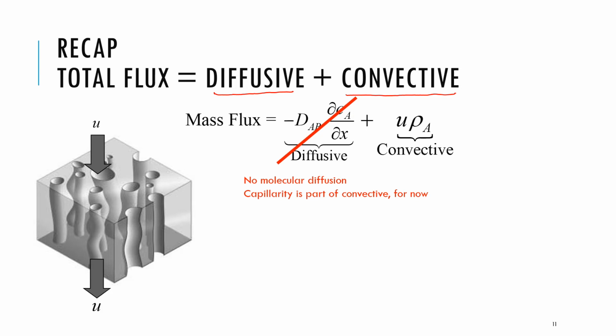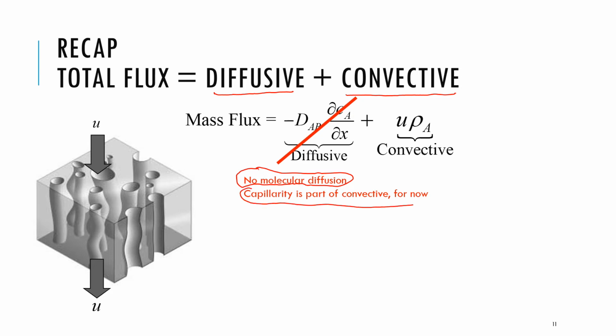Now, of course, let's look at dropping of the diffusive term. We all see very easily that water doesn't move by molecular diffusion. But how about capillarity? To start with, capillarity is something we are thinking of in terms of capillary pressure, or flow due to capillarity.